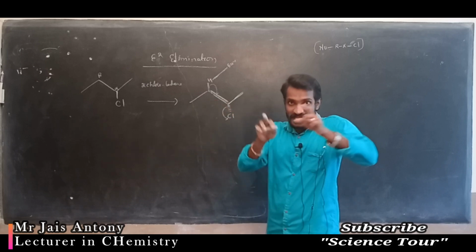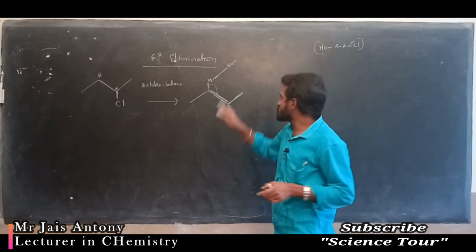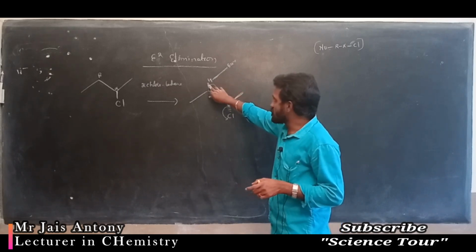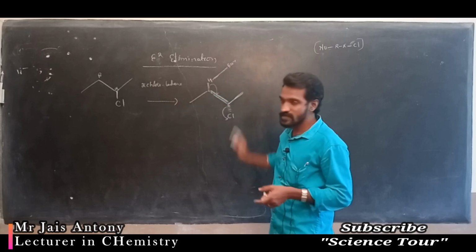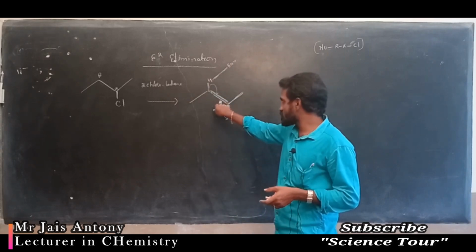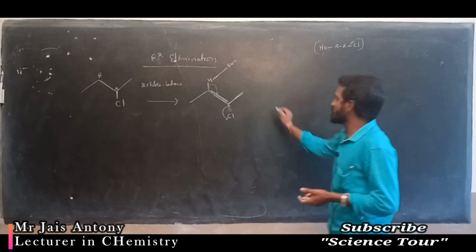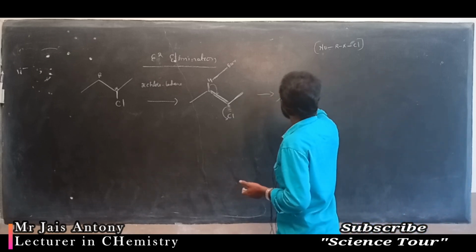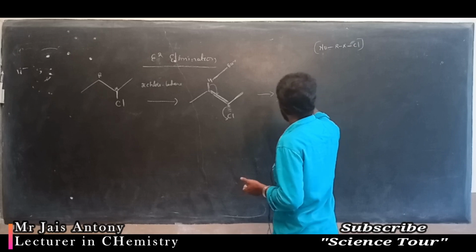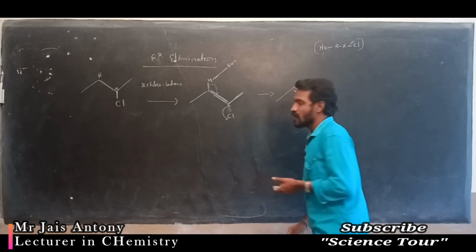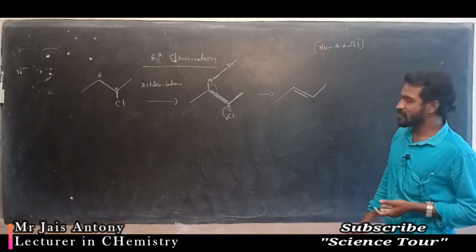In a single structure I wrote everything, don't get confused. Here this bond forms, that means this H will move away with the base, and here bond formation, here bond breaking. And what product are you getting here? Product is this one, alkene, correct?